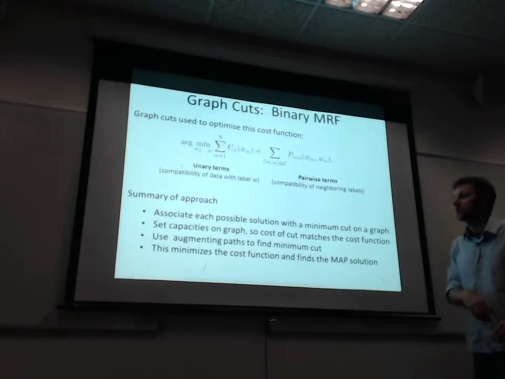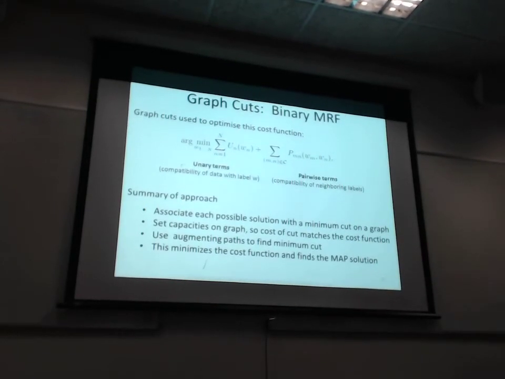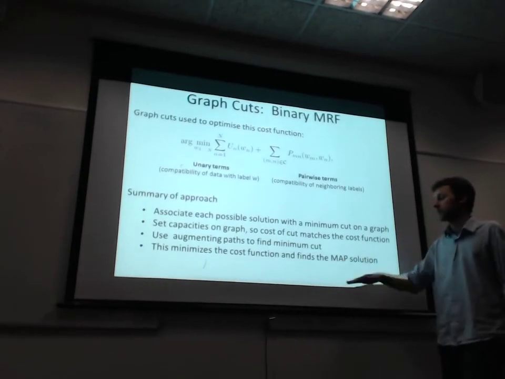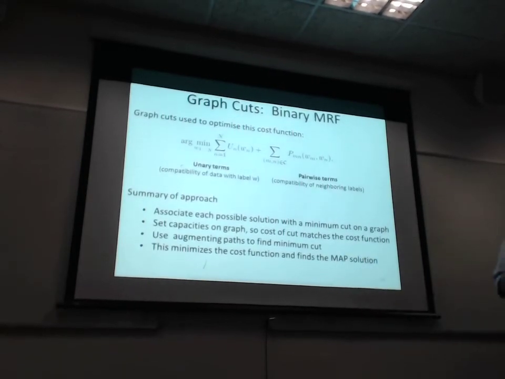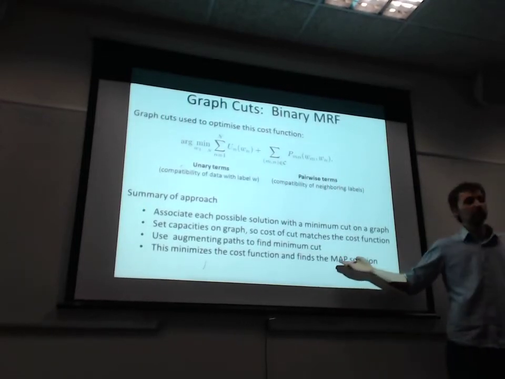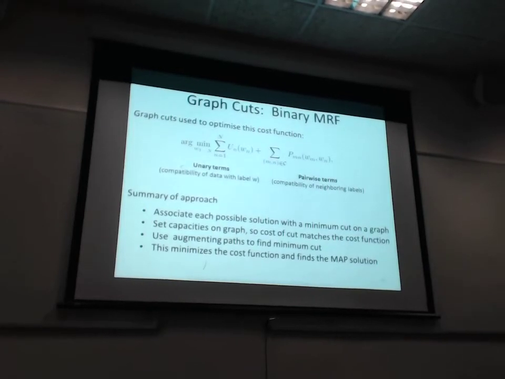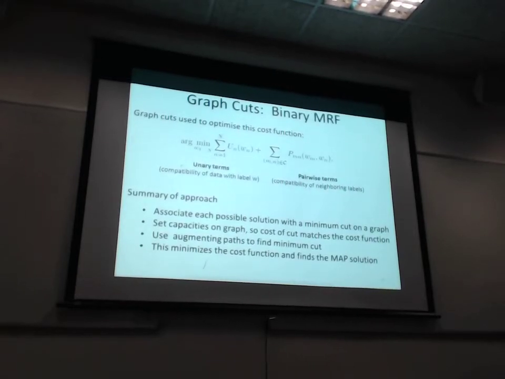We use augmenting paths to find the minimum cut, or you could use some other graph cut type algorithm. And this is going to simultaneously maximize the flow or maximize the a posteriori solution, because we're making sure to convert our costs, our unary and pairwise costs, into meaningful capacities.